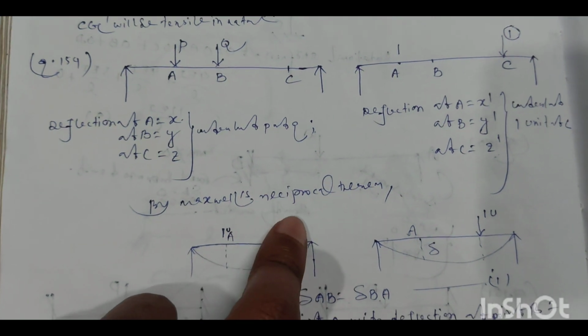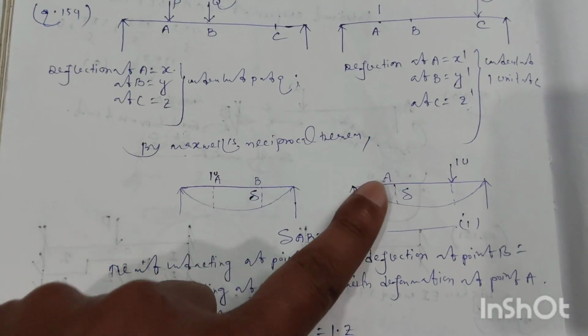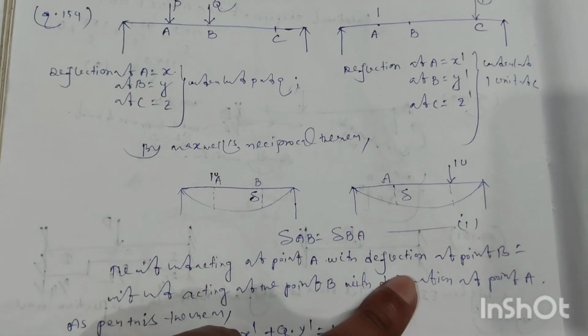Now by Maxwell's reciprocal theorem, consider these two diagrams. Under these two diagrams, delta AB is equal to delta BA.